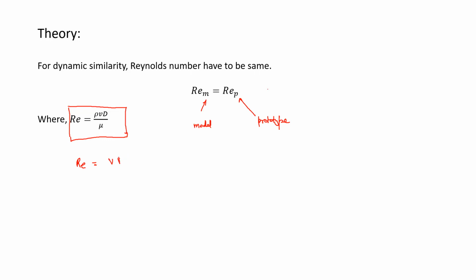So this will be V velocity, d diameter, and nu, which is the kinematic viscosity, and nu is given as mu over the density of the fluid. So I guess once you know that, then it is very straightforward to solve this. Please solve this and tell me what you get.